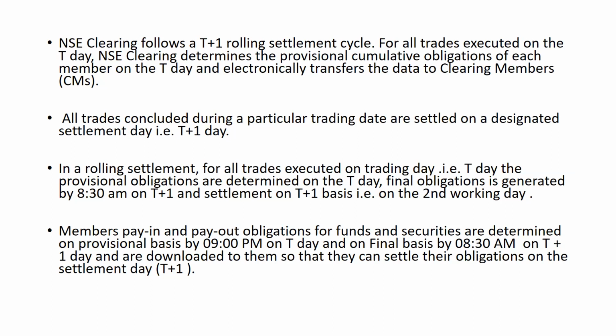This I already explained. All trades concluded during a particular trading day are settled on the designated day. In a rolling settlement, for all trades executed on a trading day, the provisional obligations are determined on the T day. The final obligation is generated by 8:30 a.m.